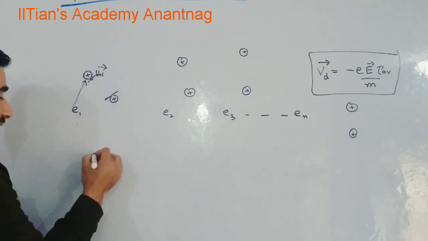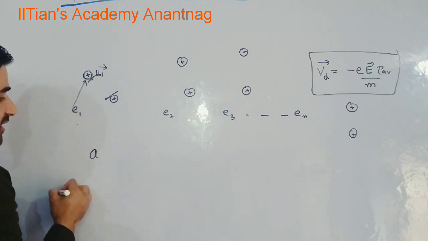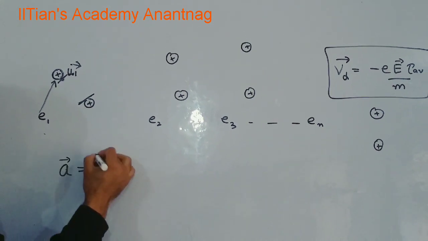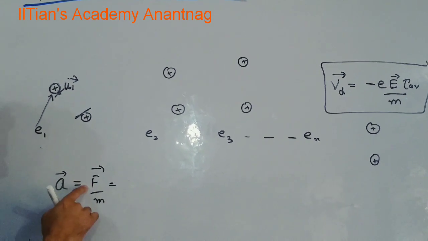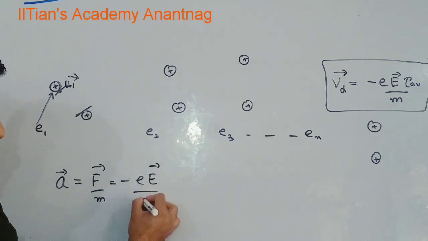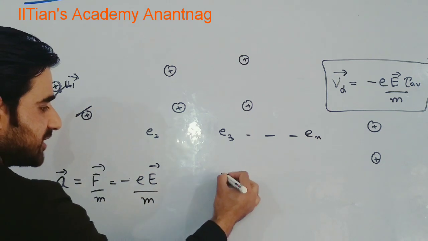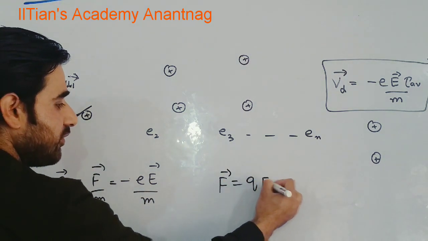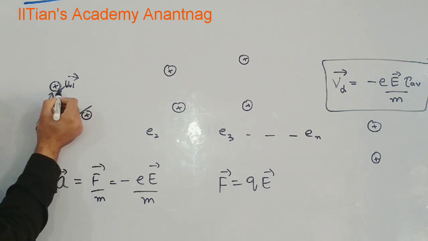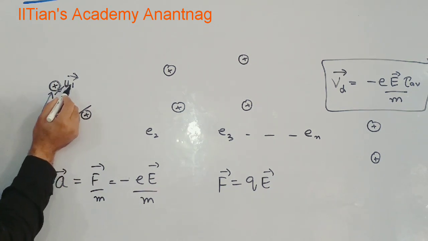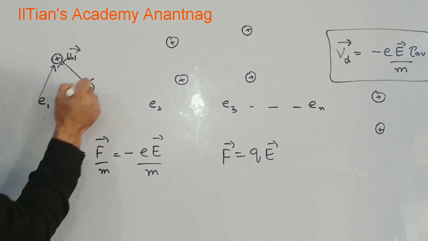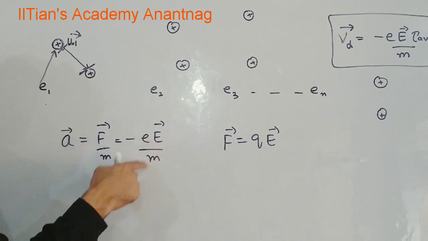And I know there will be acceleration experienced by the electron, and acceleration is equal to force per unit mass, where m is the mass of the electron. But the force experienced by the electron, we know, gives a equal to minus eE by m. This comes from this expression: force is equal to qE, and for an electron, charge is equal to minus e. Now when the electron starts its motion with thermal speed u1, later on it will be accelerated with the acceleration a equal to minus eE by m.